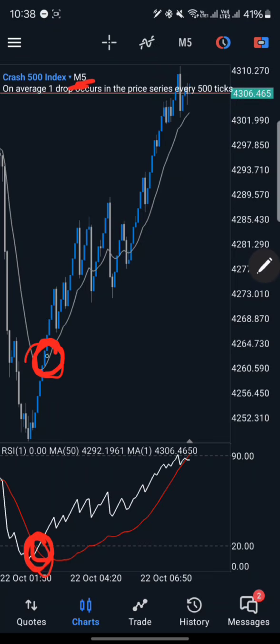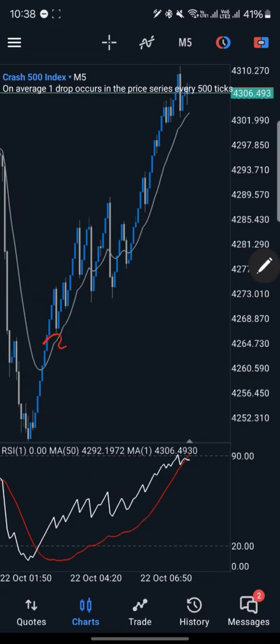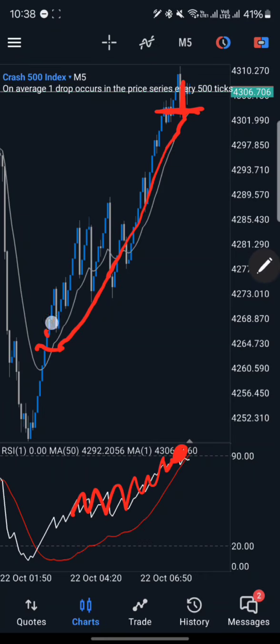Once the candle closes above the moving average over here, we then go ahead and enter our trade. We take our buy, so we're buying on the crash market, and we hold our buy until this white moving average reaches level 90. So over here we've reached level 90, and this is where we would have closed our trades. So we would have caught that entire movement over there on Crash 500.